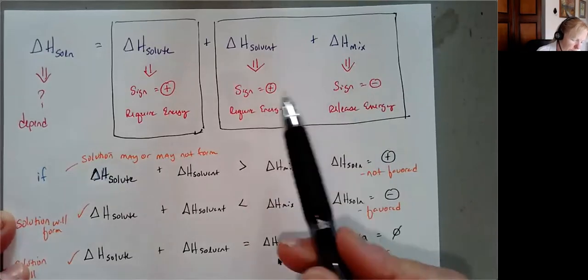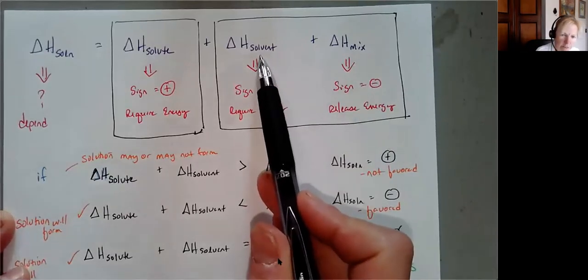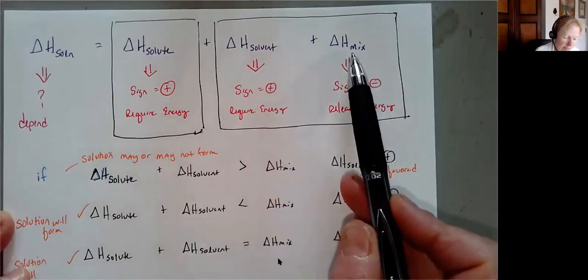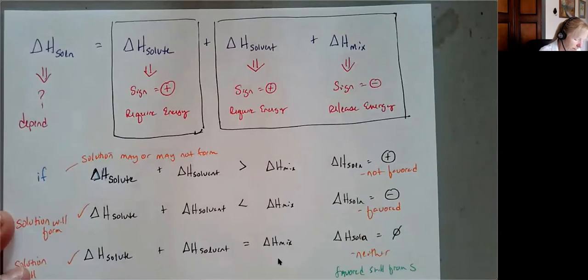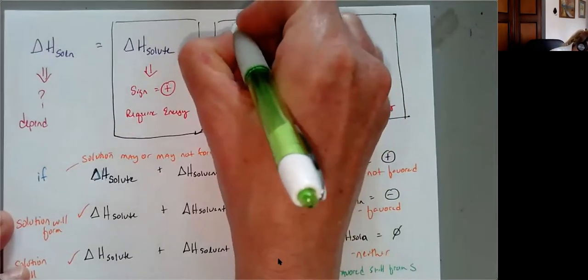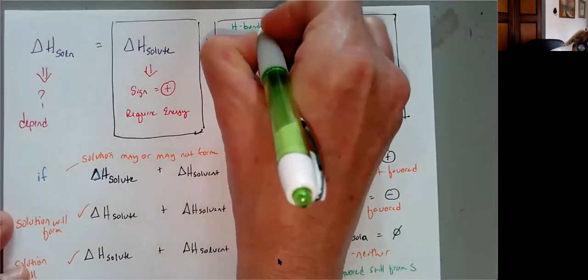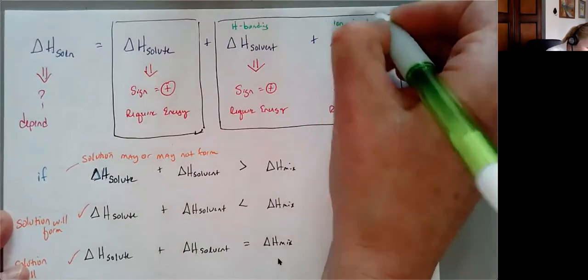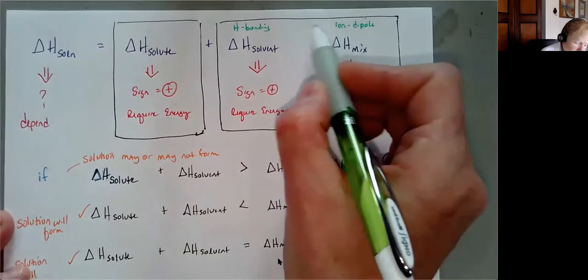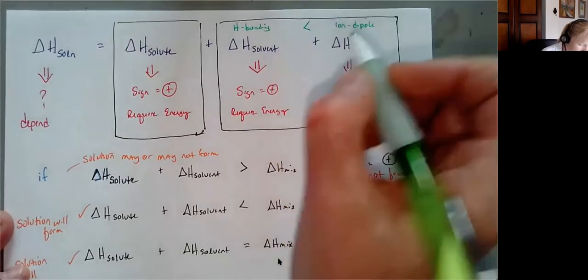So this would be my solvent intermolecular forces, and this is my solute-solvent intermolecular forces that I'm forming. For an aqueous solution, this is hydrogen bonding that I'm overcoming, and I'm forming ion-dipole. This is always going to be greater than this. So this is always going to be less than this.